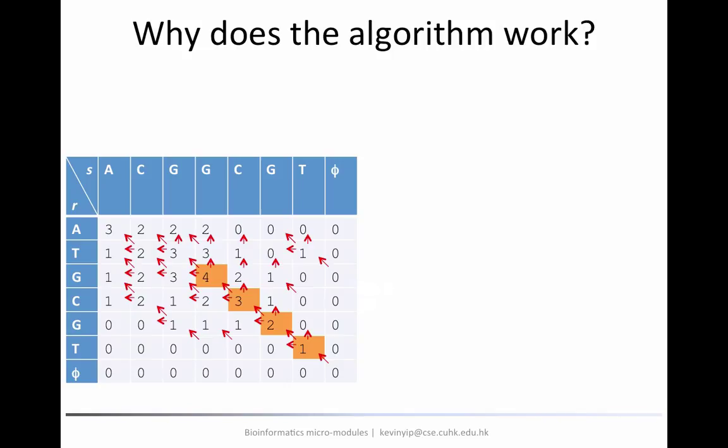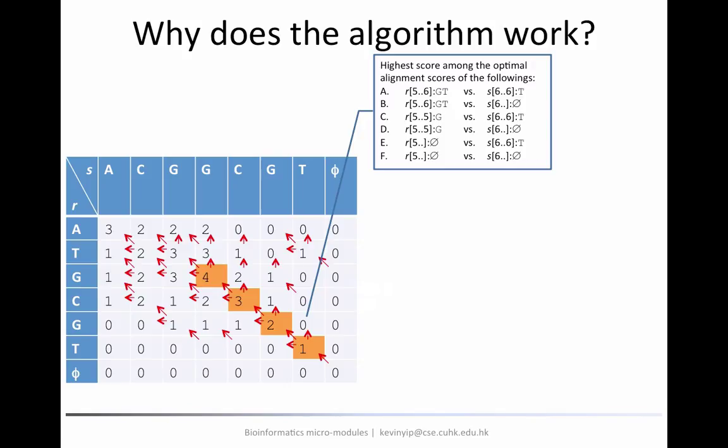It seems that the problem is very complicated. Why can making only those small changes turn the algorithm from solving global alignment to solving local alignment? In order to answer this question, we want to use several cells in this table to explain. First of all, for this entry that I'm pointing at right now, for this 0, by definition, the meaning of this number is the maximum of the optimal alignment scores of 6 different alignments.